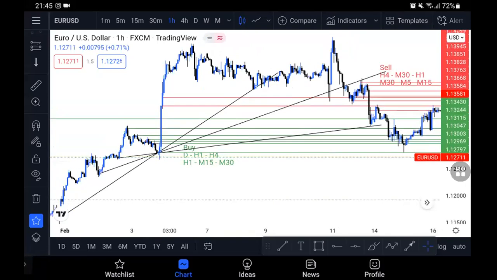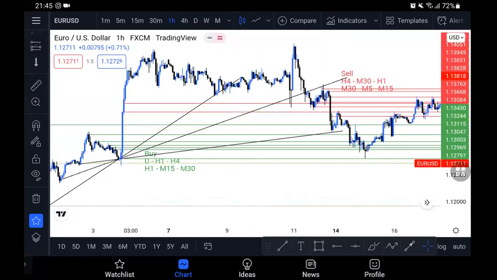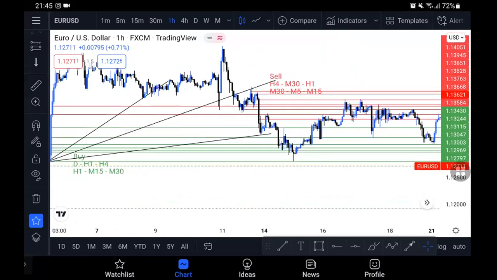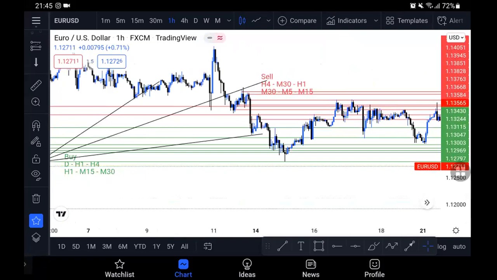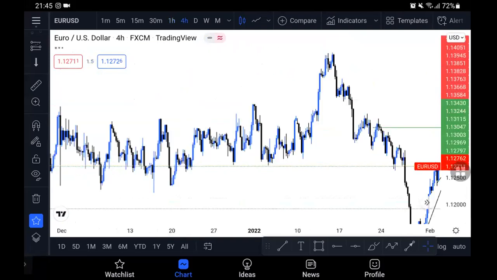So this is like the buy trend line, and let's put our sell trend line. For the sell, we are going to use the time frame order.